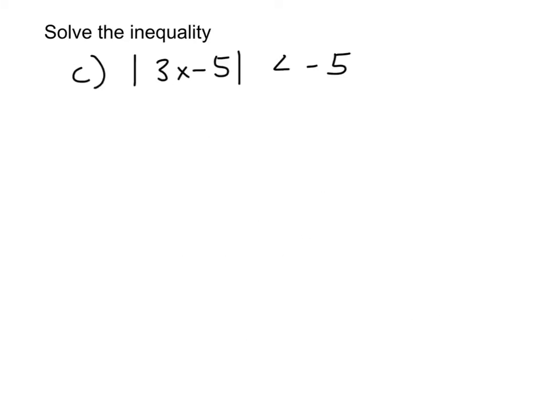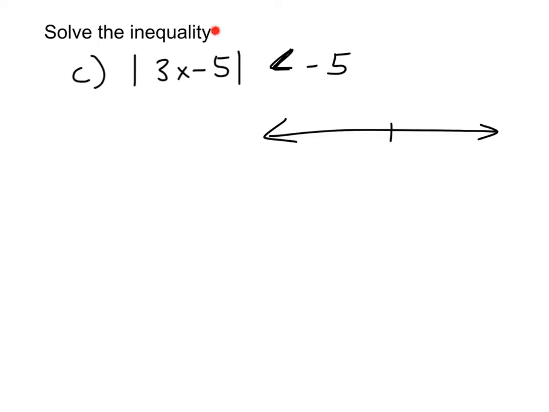Alright, moving on to another example. So in this one, again, we have that the distance is less than some number, right? The distance that we go from 0 must be less than -5. Well, wait a second, right? Because the absolute value of any number is going to be a positive number.